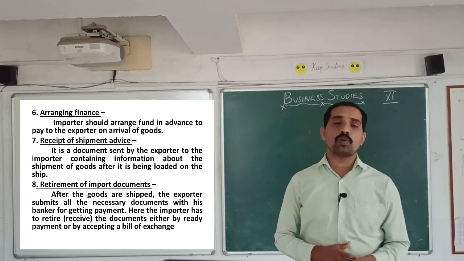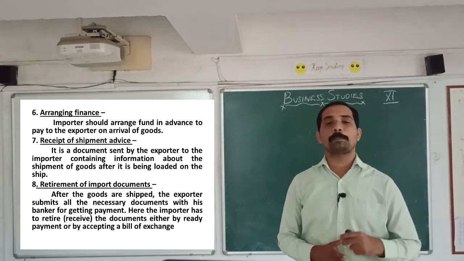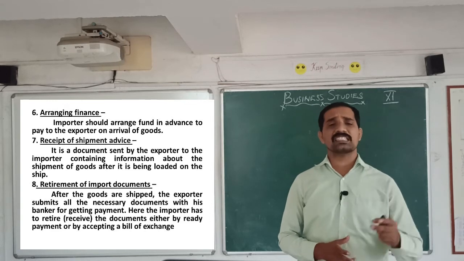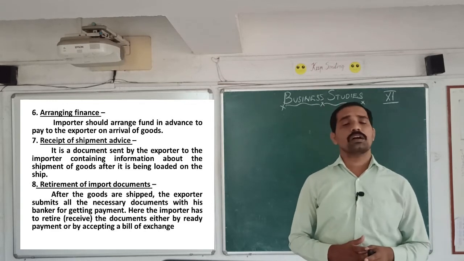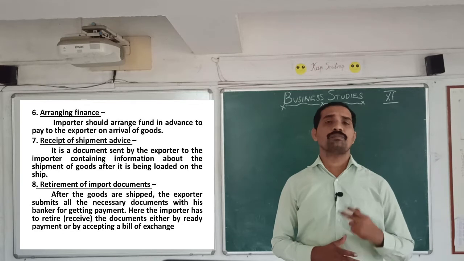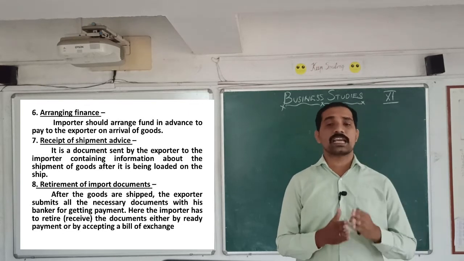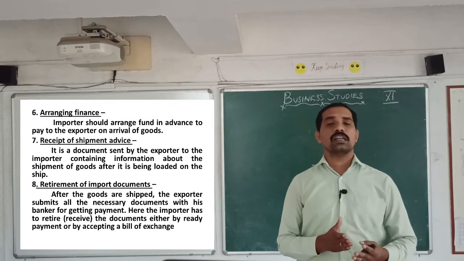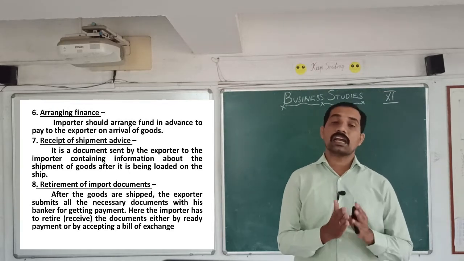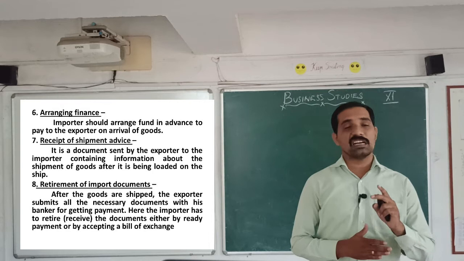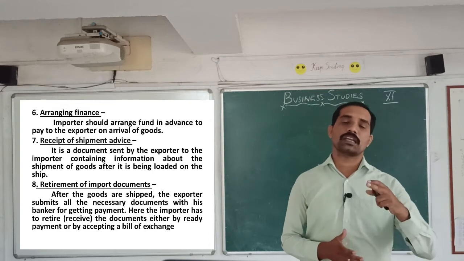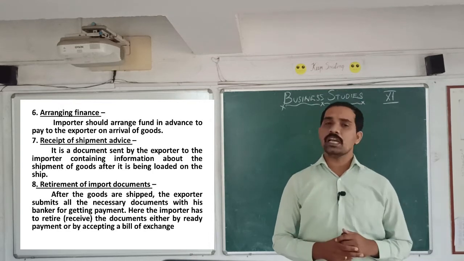And then the next one, receipt of shipping advice. It is a document sent by the exporter to the importer. It contains the information about the shipment of goods after it is loaded on the ship.